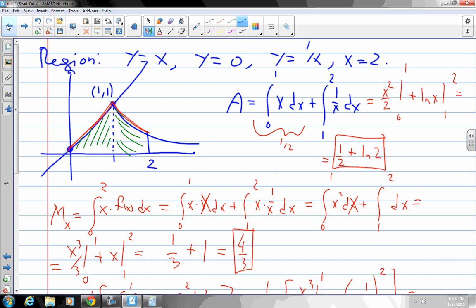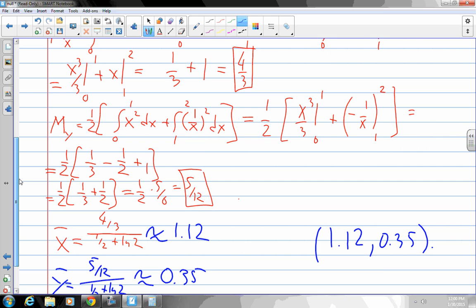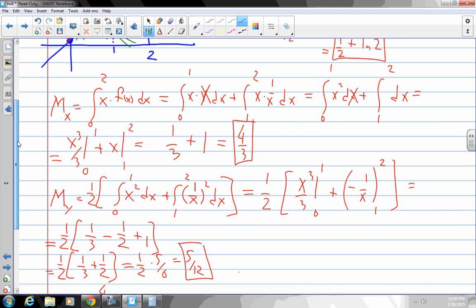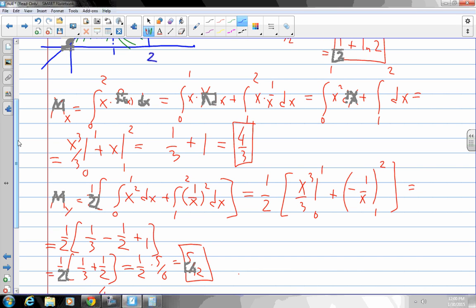Now this integral looks a little familiar. Didn't we have an integral like that? Which one is that? That's this integral, right? Yes. Is that right? So that's 4/3.